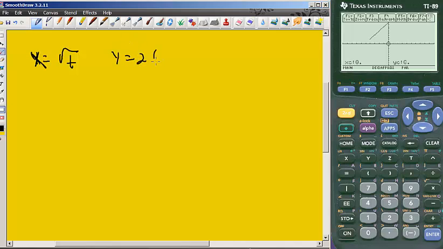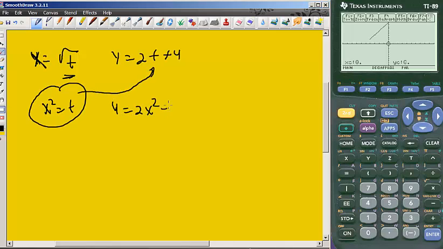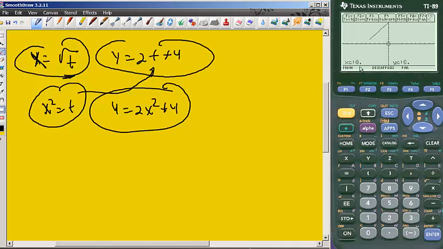Let's say they want you to match up with an equation in rectangular form. All we're going to do is solve for t. That gives me x squared is equal to t. We take that and substitute it in there, which gives you y is equal to 2x squared plus 4. That looks like a parabola. And if we were to graph these in parametric form, we should get a parabola.